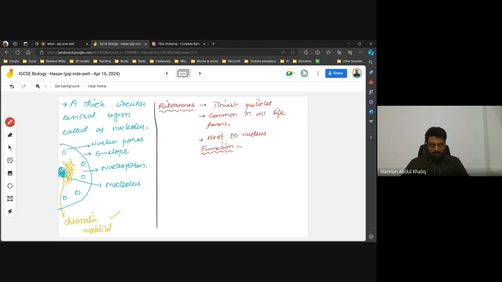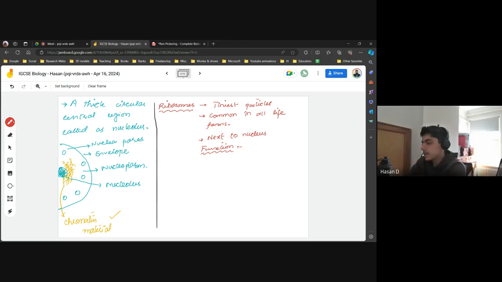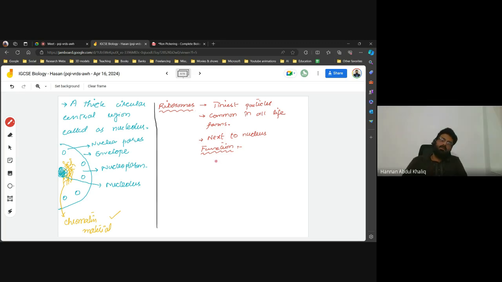Okay, let me give you the options. I already exempted water, so I can say lipids, proteins, carbohydrates. Out of these three, which one is more important? Lipids, fats and oils, are among the most important molecules of our body.